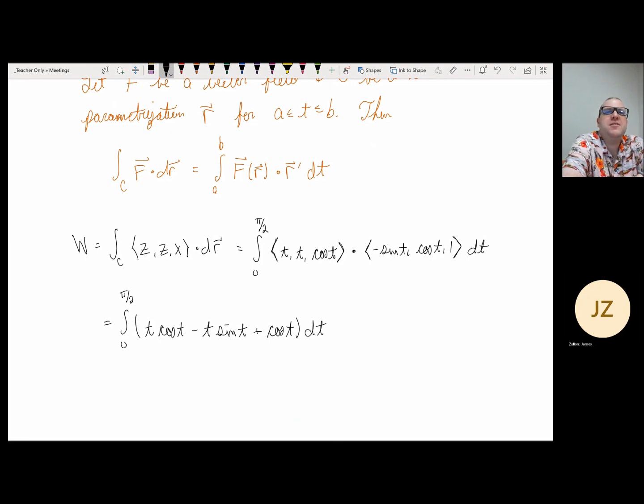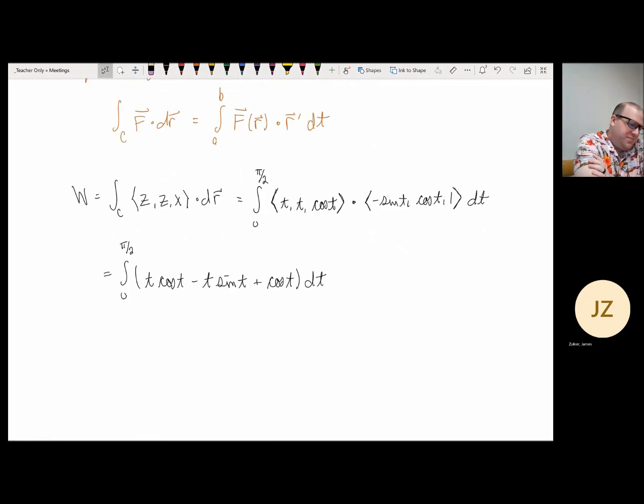You have to do this by hand. How'd you go about evaluating that first piece? A single application of integration by parts in this case.